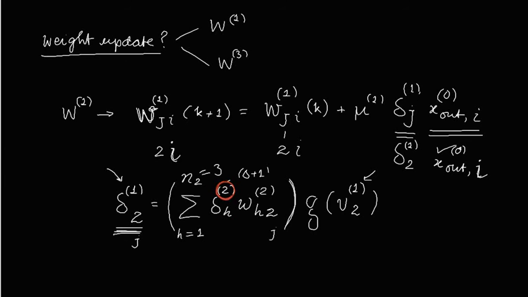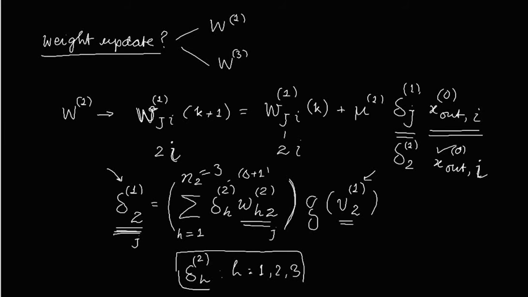This superscript 2 means local error at the second layer, and this delta 2H, if we go by different H values, then it will be delta H, where H will be 1, 2 and 3. So 3 values need to be calculated, and the weights are of course with us. This V2 we can evaluate, this G we know, but how to evaluate this?